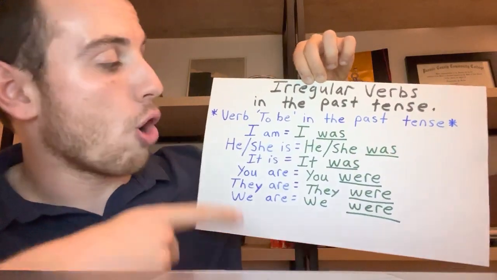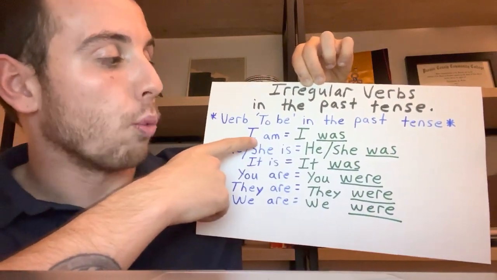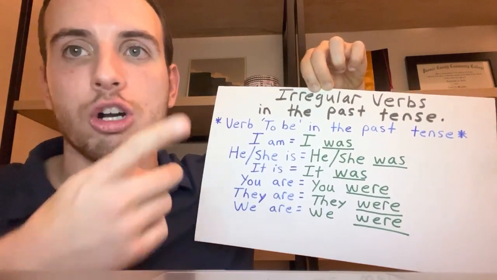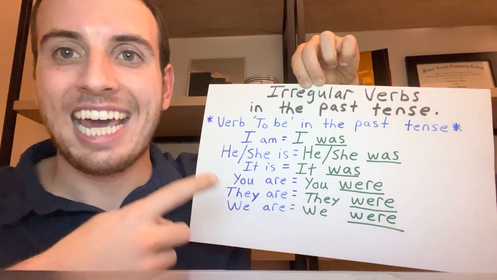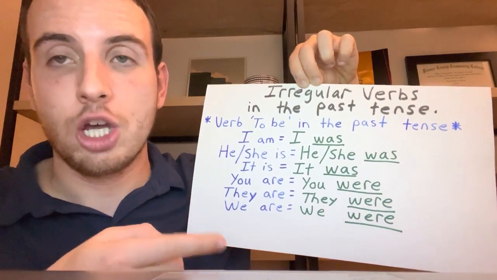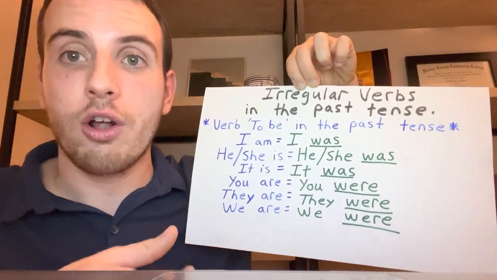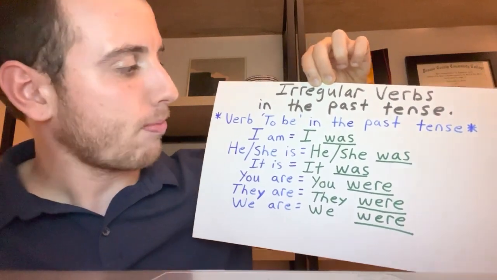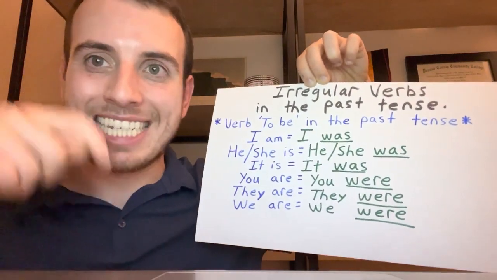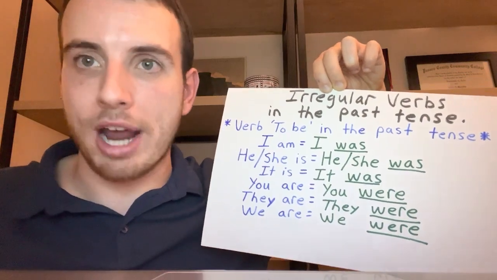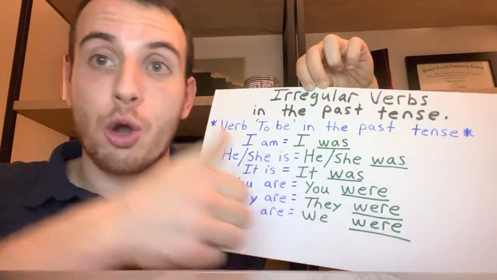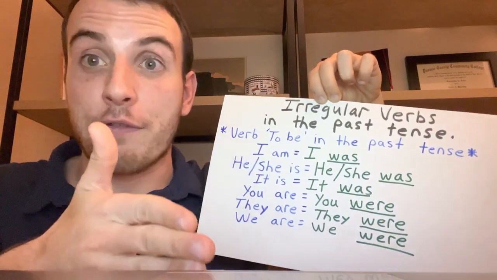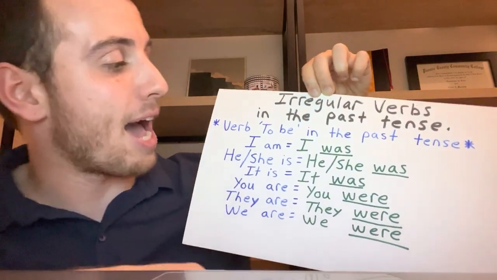We already know that in the present tense we say: I am, he or she is, it is, you are, they are, and we are. I am sitting in a chair right now. I was outside. That's the difference between the present and the past.